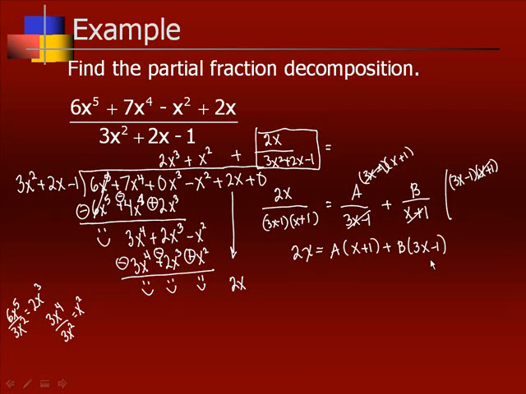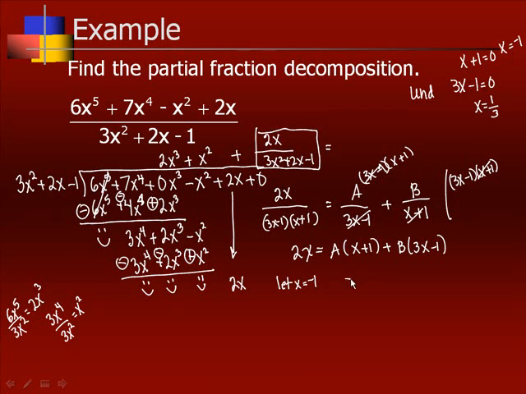Okay, what numbers do we want to plug in? Well, this thing is undefined if 3x minus 1 equals 0, which means x is 1/3, or x plus 1 is 0, which means x is negative 1. Let's do x is negative 1 first.